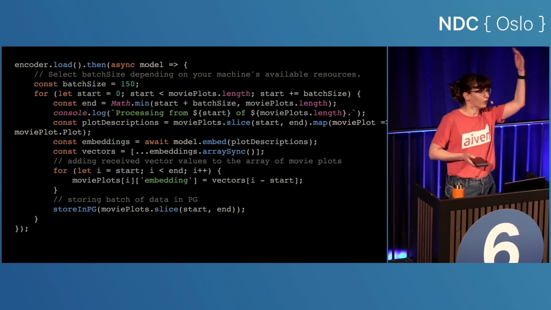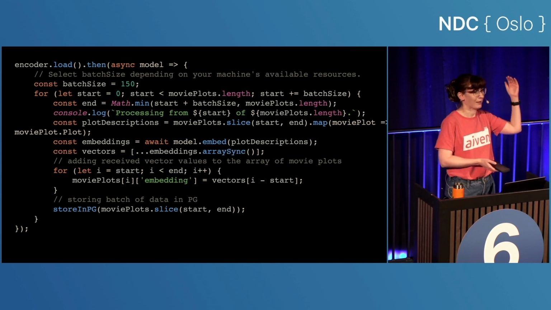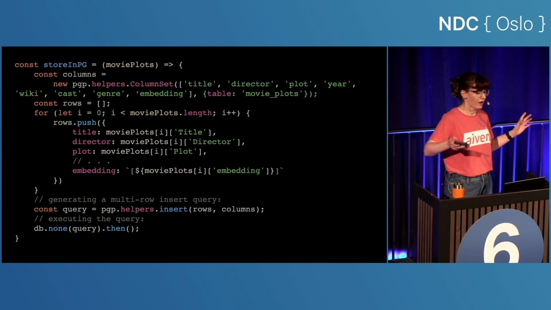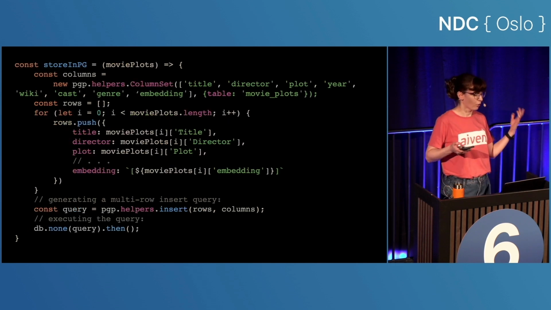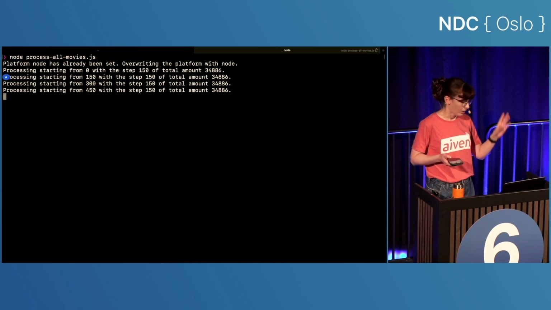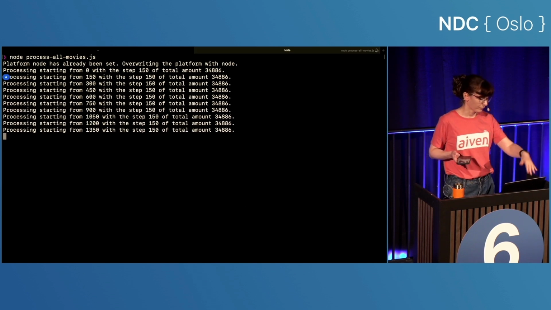To process it all together, I also recommend using some kind of batching. I'm using pg-promise and processing the whole data set, which has about 35,000 movies, and storing it in Postgres.